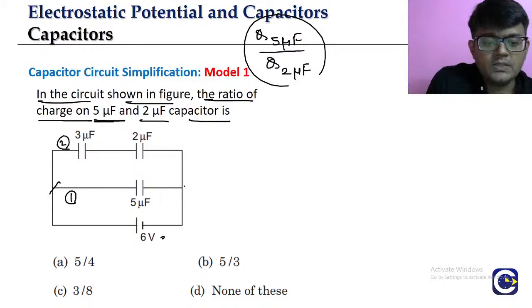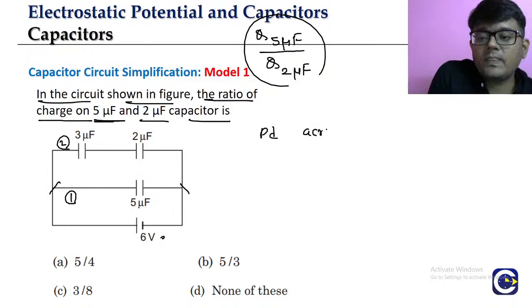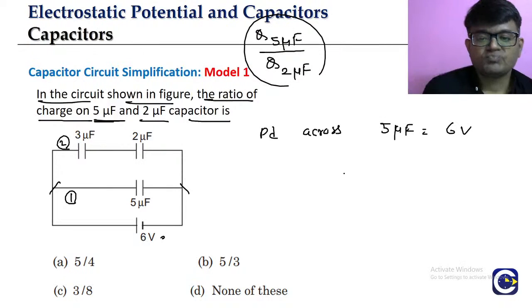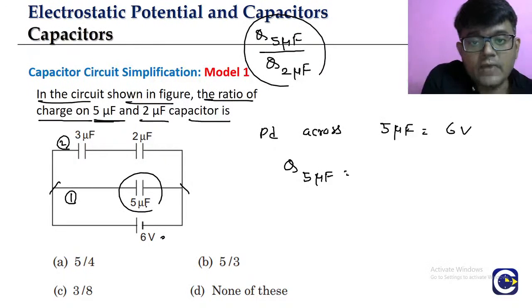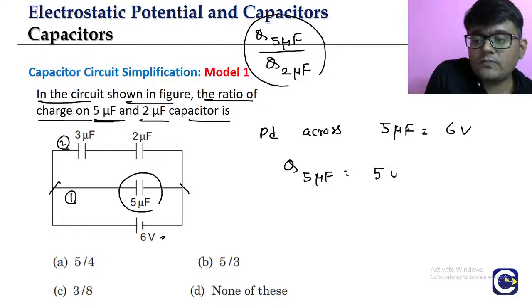See, the potential difference across the 5 microfarad, how much? Source voltage, which is 6 volt. So charge across the 5 microfarad, how much will it come? Charge is the capacitance value, 5 microfarad, multiplied by the potential difference.